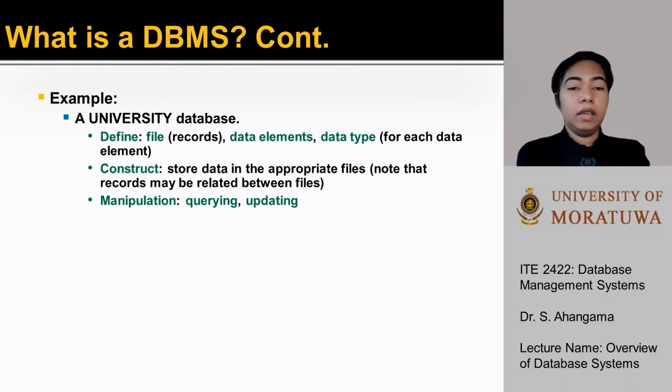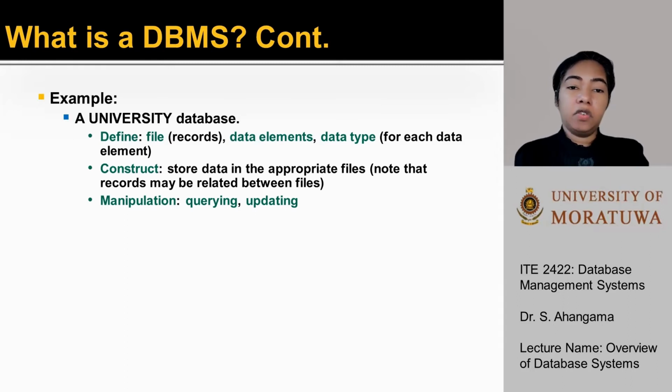To understand the above-mentioned processes supported by a database management system, let us consider the following example. Consider a university database for maintaining information concerning students, courses, and grades in a university environment. Here, to define, it can be files, records, data elements, and the data type for each data element.